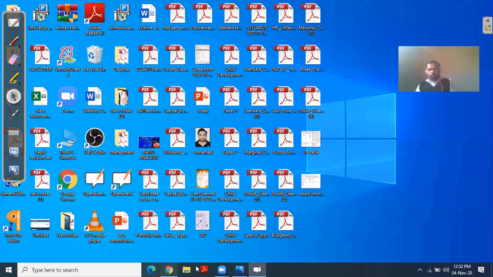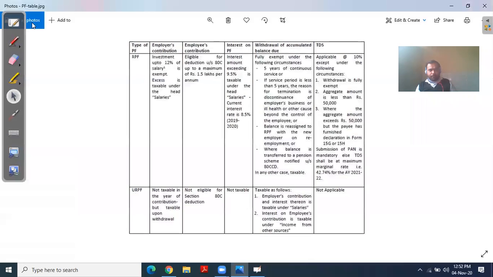As I told you, we will study this topic thoroughly. The first type is the recognized provident fund. Investment up to 12% of the salary is exempt. It means how much is exempt and how much is taxable.